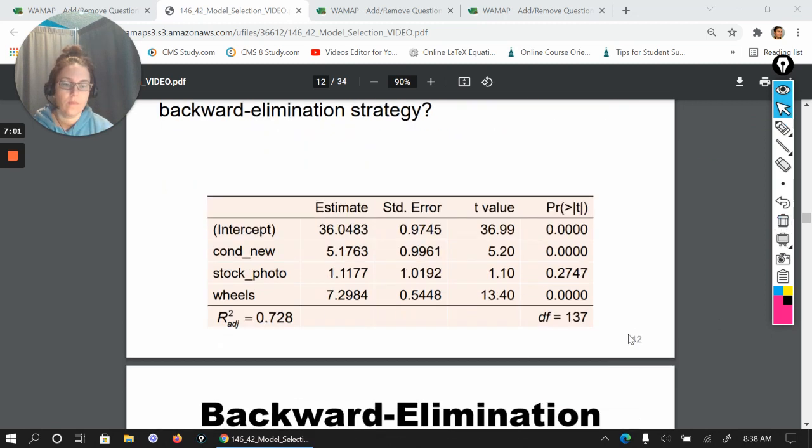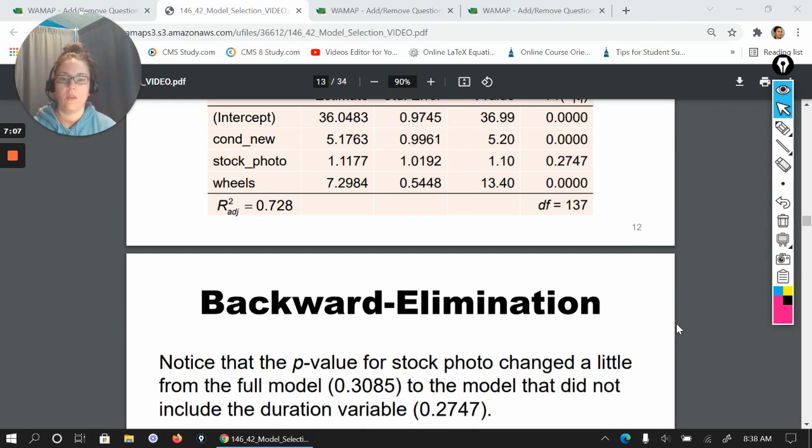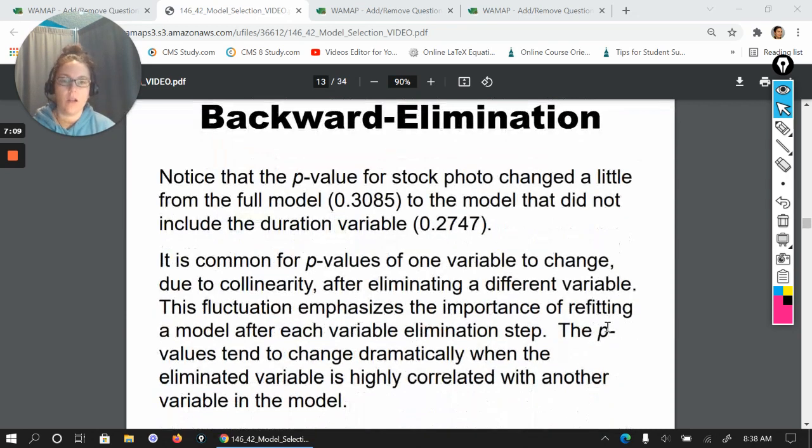Notice that the p-value for the stock photo changed a little from the full model. In the full model it was 0.3085, and in the model that did not include the duration variable, it is now 0.2747. It is common for p-values of one variable to change due to collinearity after eliminating a different variable.